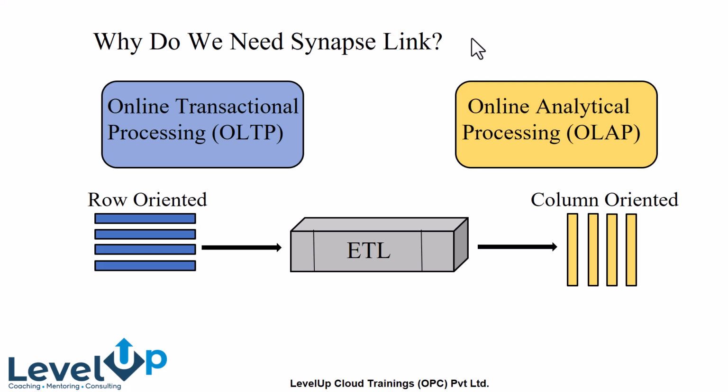Traditionally, companies have created an ETL process to copy this data at regular intervals. These jobs needed to be scheduled to run outside of business hours so that they don't affect the performance of the transactional system, because that is where our end users do the transactions, right?